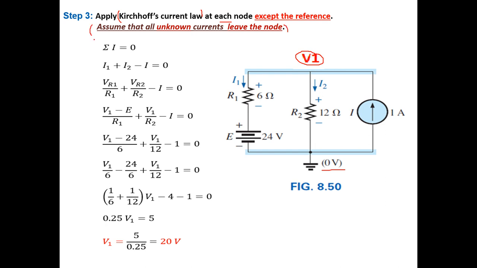We said to assume that all unknown currents, I mean the currents that will go through the resistors, are leaving the node. So this is our node here, and I will consider that the current is leaving the node. But for the known current, which is the source current here, we know its value already, 1 ampere. So just keep it as it is. This is its direction going through the node.